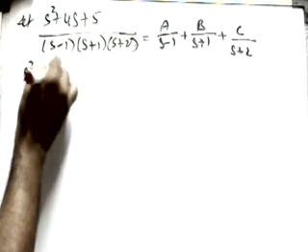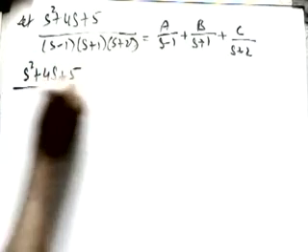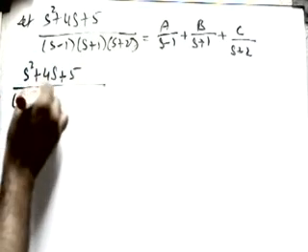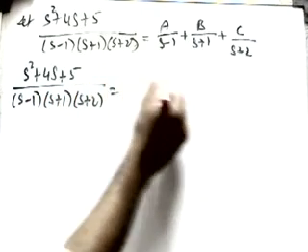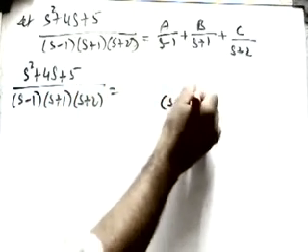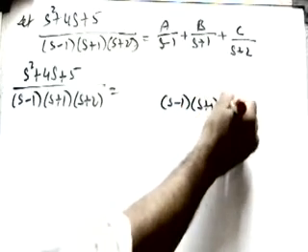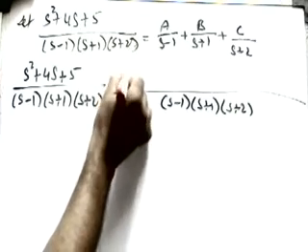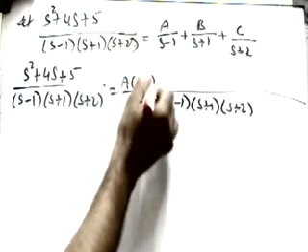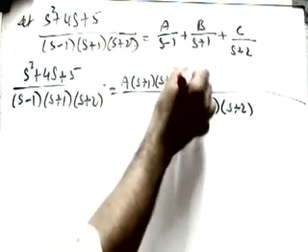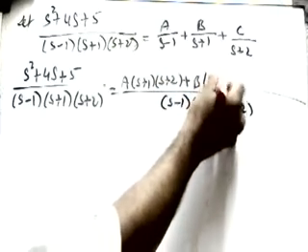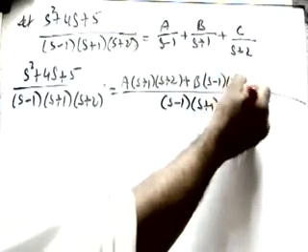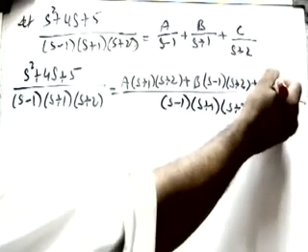So let me take the LCM. You write this as it is, s square plus 4s plus 5 divided by s minus 1, s plus 1, s plus 2. You take the LCM, s minus 1, s plus 1, s plus 2. Now you bring this to here, a into what will be the value? This will be s plus 1, s plus 2, plus b into, you leave this s plus 1, s minus 1, s plus 2.